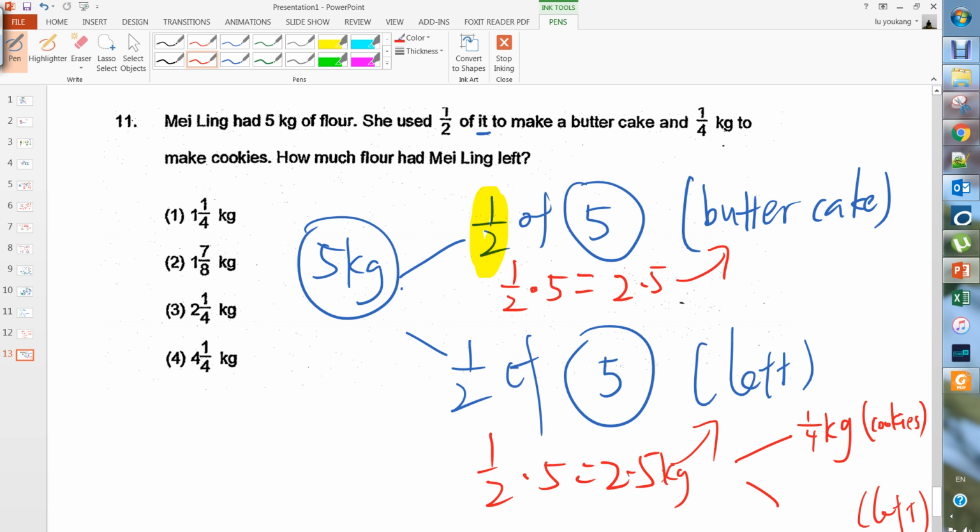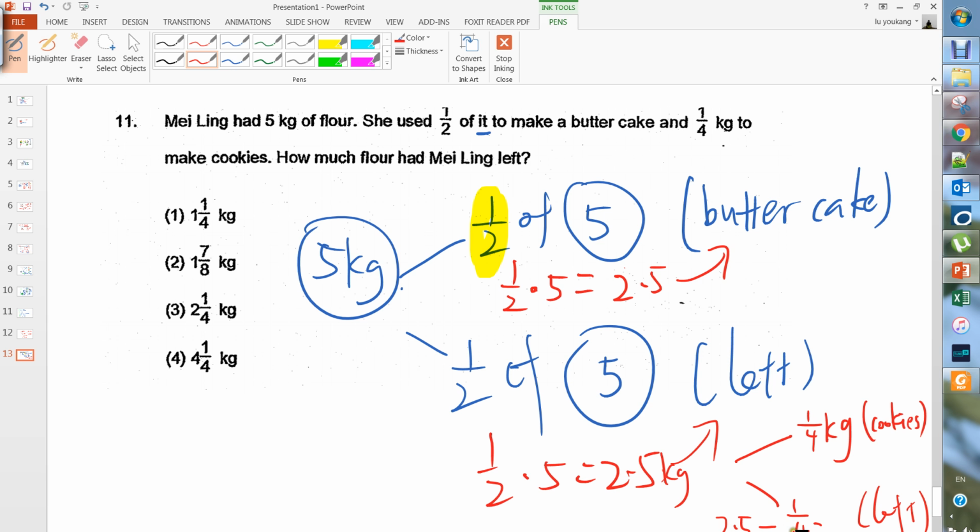Tell me the equation. 2.5 kg left, 1/4 kg used for cookies. What's left? I'm at this branch already, nothing to do with here. What's the operation? 2.5, okay, and then? What's that? Don't give me an improper fraction.